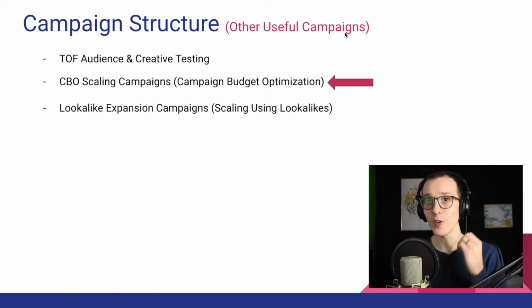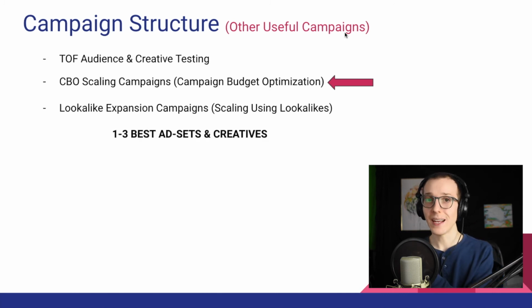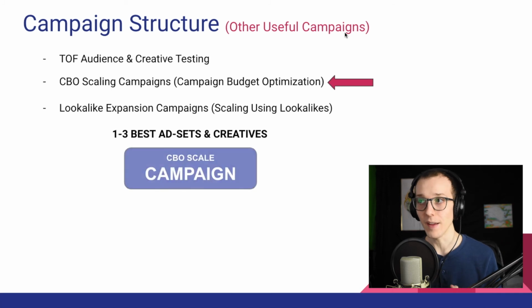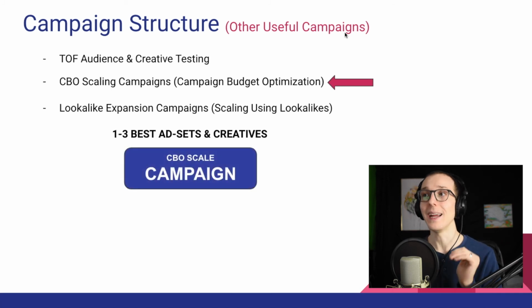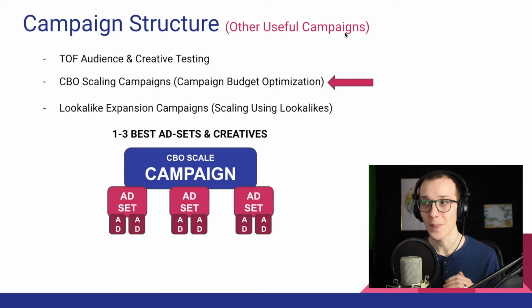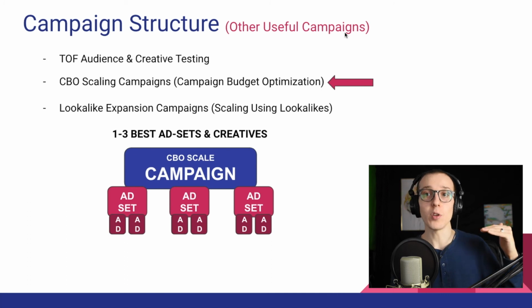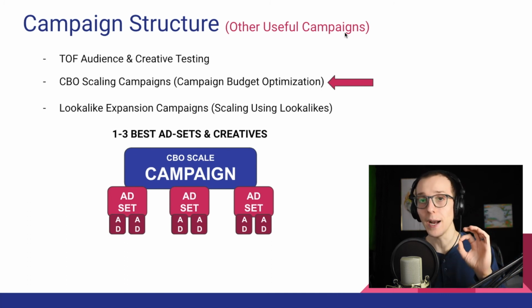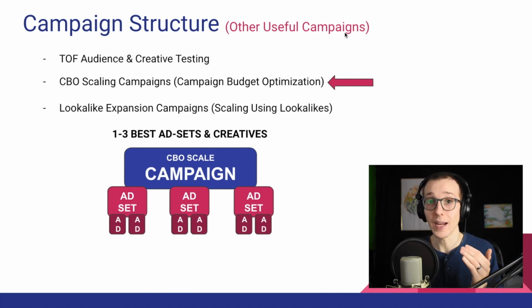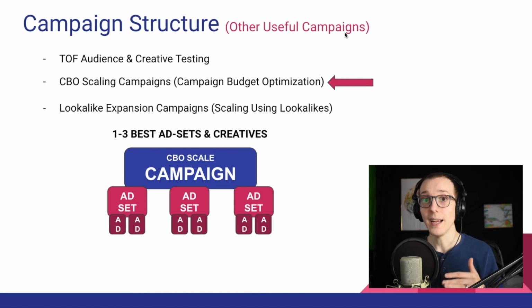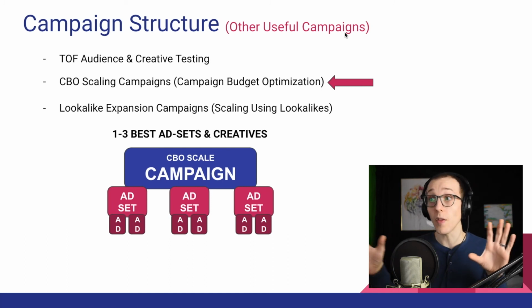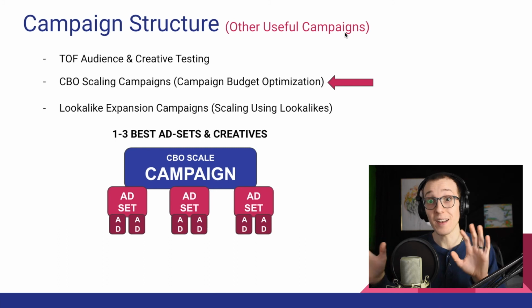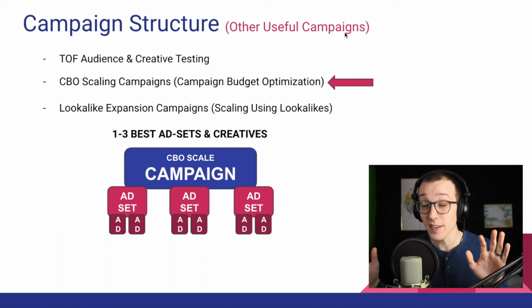So what people are doing with this is they're taking their top 1 to 3 best ad sets and creatives, and they're putting them in a campaign that has campaign budget optimization turned on, right? And then they are able to spend more, better. So they give their CBO scale campaigns a higher budget, sometimes even combining all the budgets they had for all those ad sets that were in different campaigns all at once.